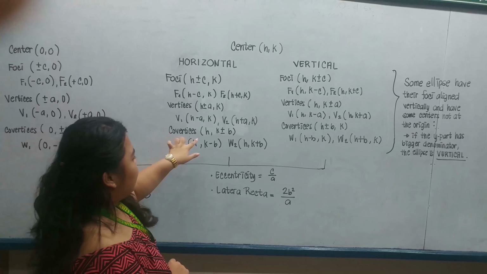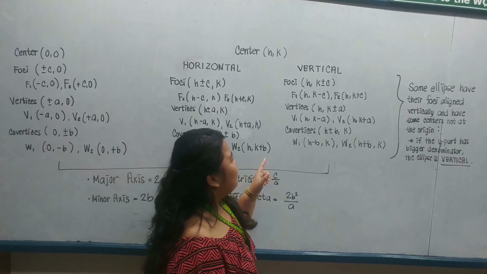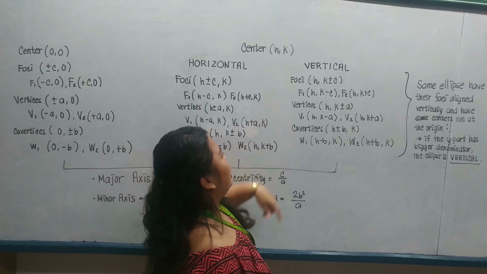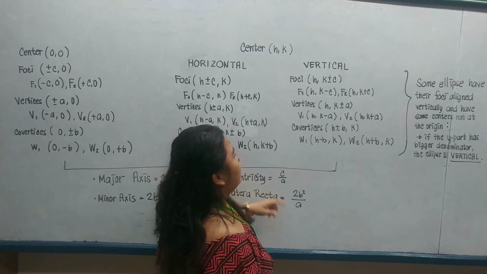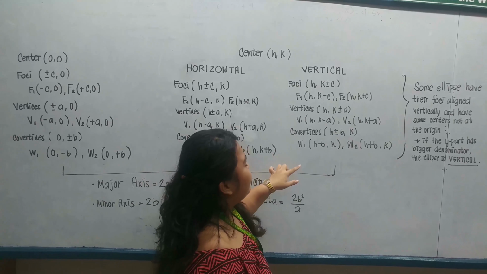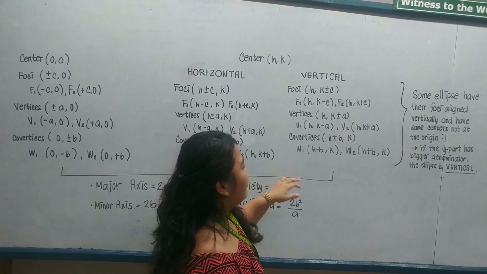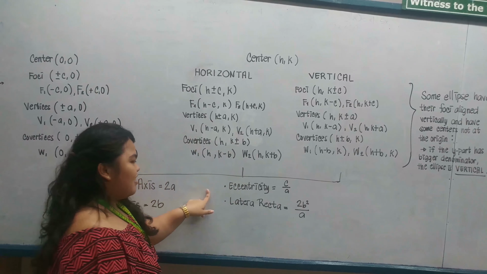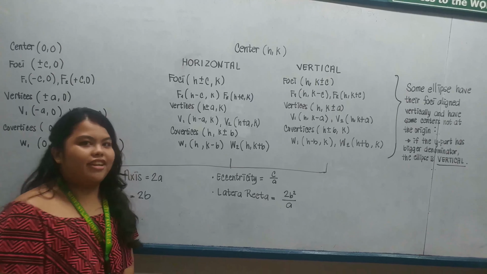Co-vertices are h, then k plus or minus b. For the vertical ellipses, their foci are h, k plus or minus c, vertices h, k plus or minus a, then co-vertices h plus or minus b, then k. Their eccentricity is c over a, then their lateral rectum is 2b squared over a.